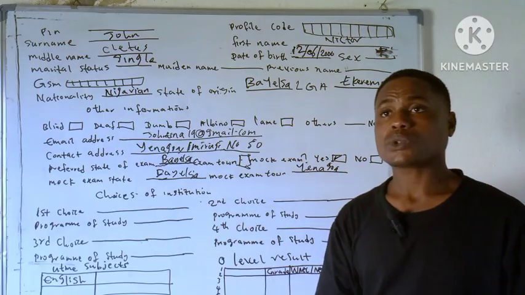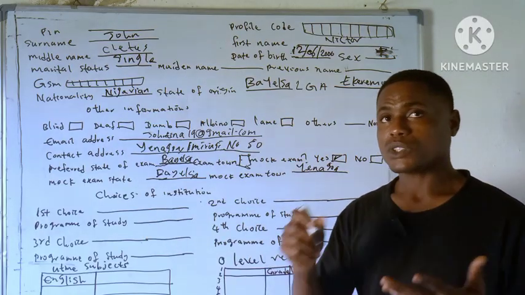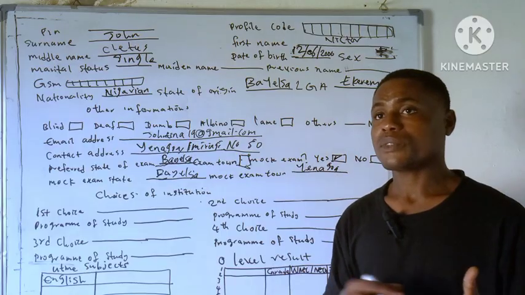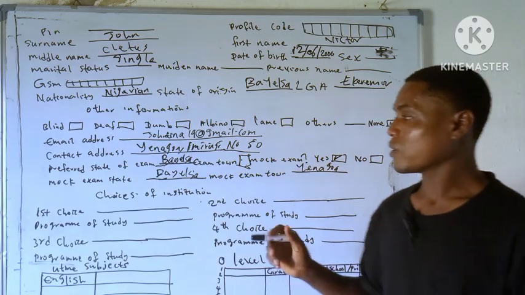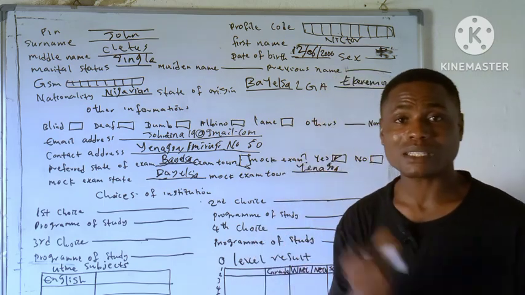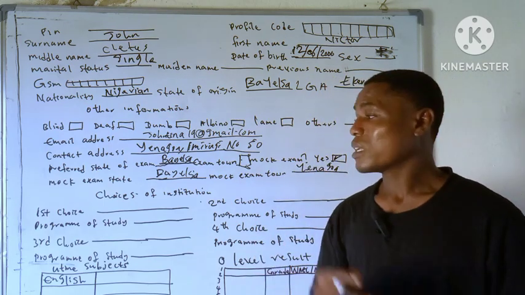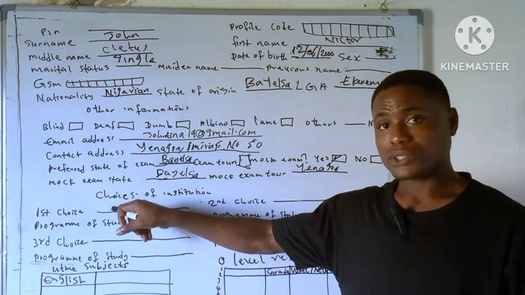Are you getting it? If you want to study in like Unilag, University of Lagos, Unical, University of Calabar, Delsu, Abakaliki University, all these universities, make sure that first university that is coming to your mind, where you want to study, let that university be in your first choice.